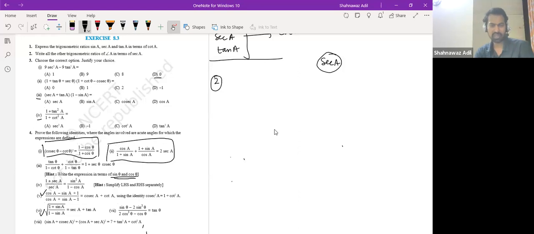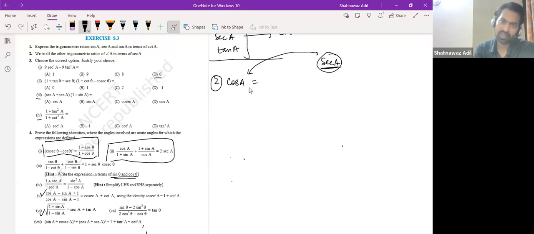Cos. Cos, right? Absolutely right. So cos A would be what? Base by hypotenuse. No, in terms of sec A. So you are saying that we can directly calculate from here, right? So first we write the reciprocal one. You are correct.